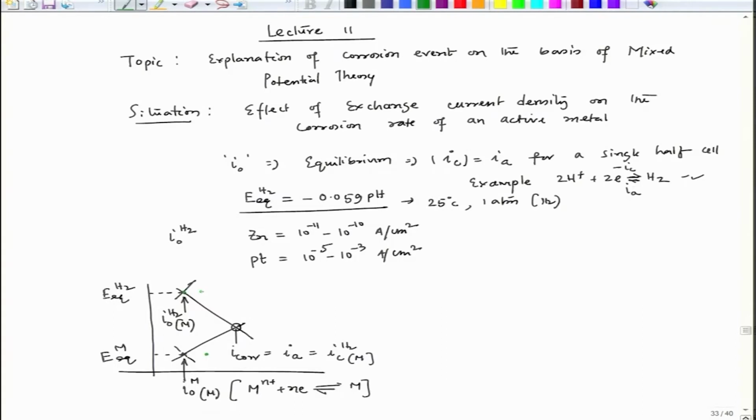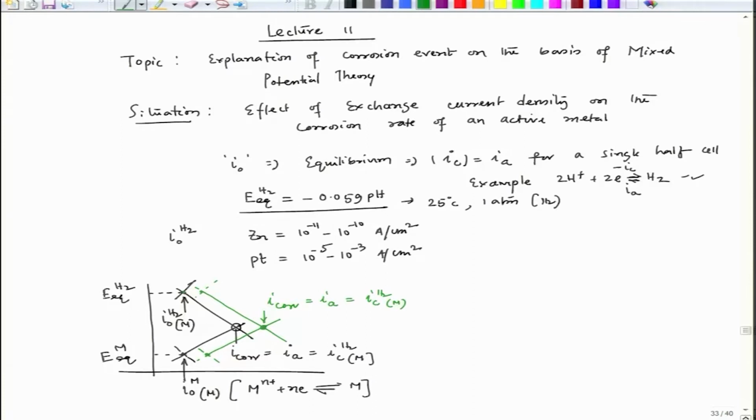Let us say if it changes here, and if we maintain Tafel's law for both the reactions the same, then it will go like this. So, this becomes my I corr equal to I A of that metal equal to I hydrogen over that metal.